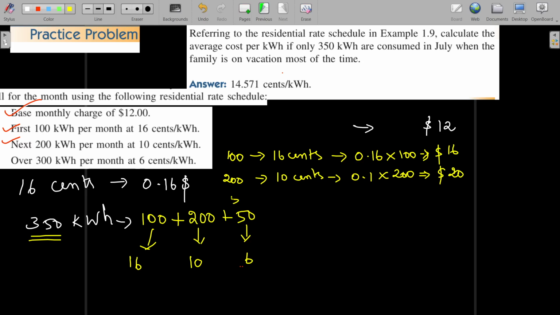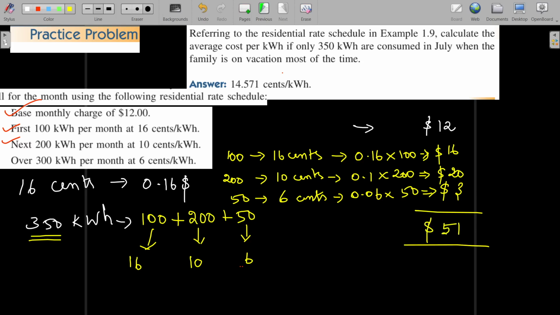Then for the remaining 50 at 6 cents per kilowatt hour, the cost is 0.06 multiplied by 50, so it is $3 only. Now we can calculate the total cost. Total cost is equal to $51.